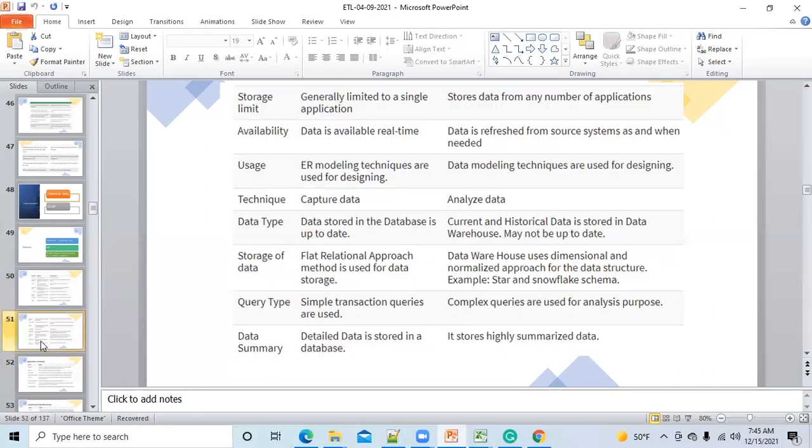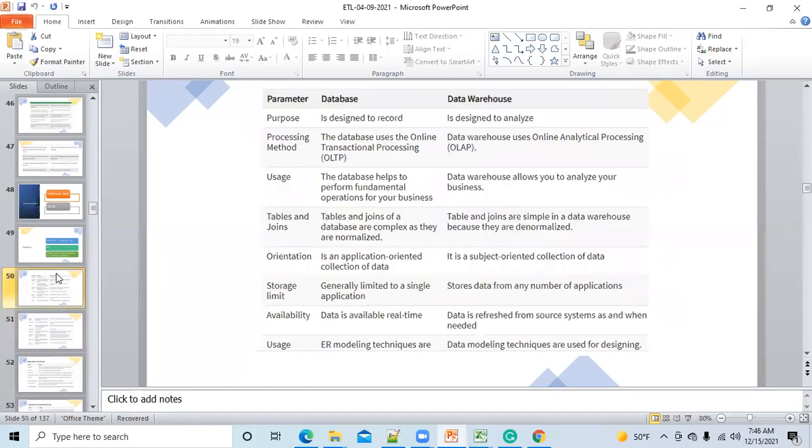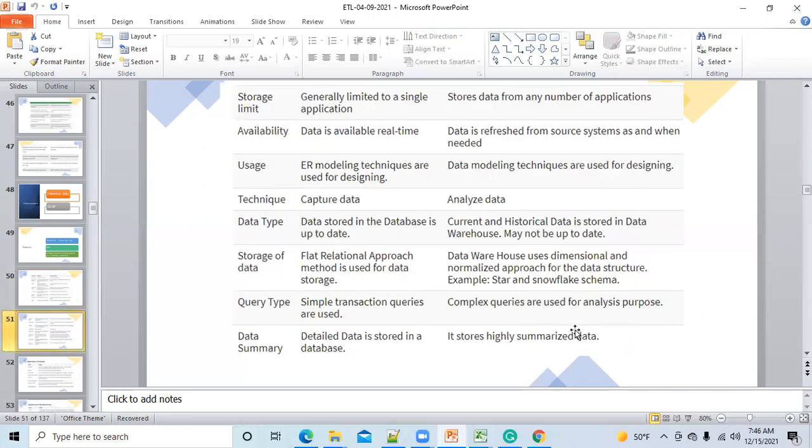Here the point says data warehouse uses a dimensional and normalized approach for the data structure. But previously you said data warehouse is denormalized. Yes, it is denormalized, so where did I mention that? Which point can you tell me? Storage of data: warehouse uses dimension and normalized approach to data structure, example star snowflake.